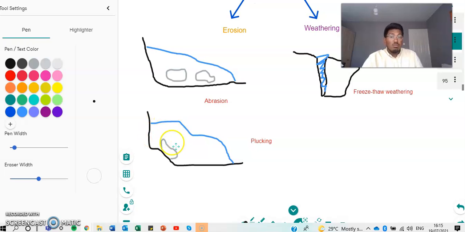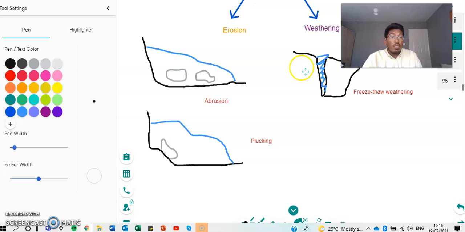The ice here will have formed a nice little seal around the wall or the rock, and due to the force of gravity, it will cause it to pull away or pluck it from the landscape, forming smaller rocks or smaller debris, and also wearing away at the landscape. So that's erosion, and those are the two main types of erosion that occur in these glacial landscapes.